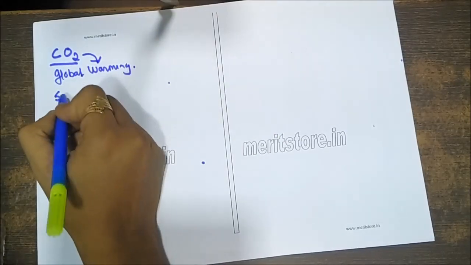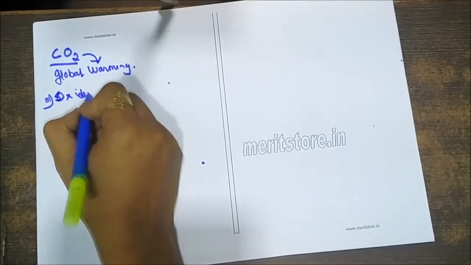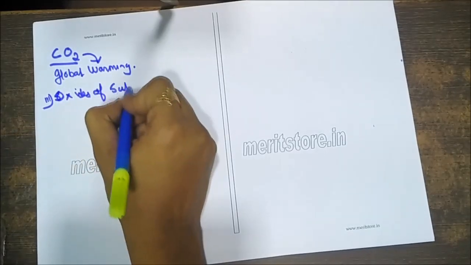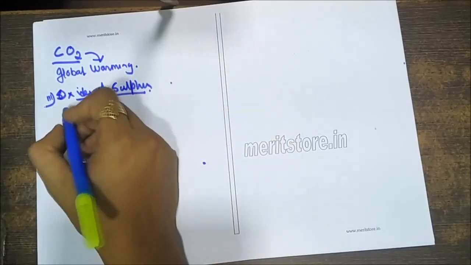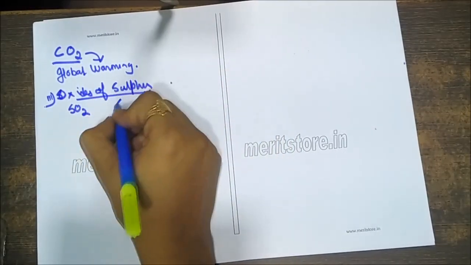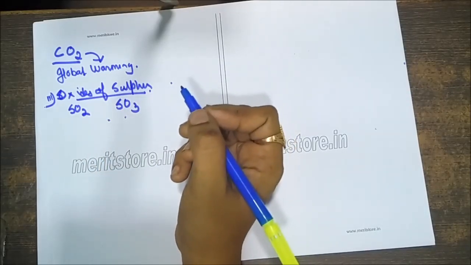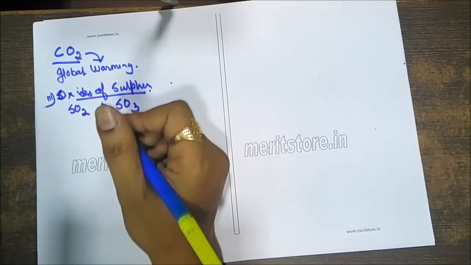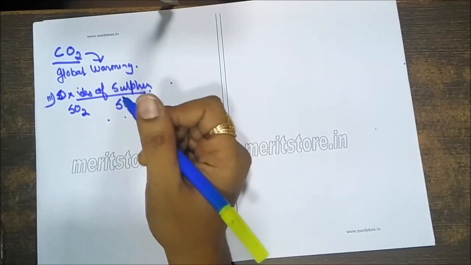The third oxides that we're going to study is oxides of sulfur. Now there are two oxides of sulfur which are going to cause environmental pollution, sulfur dioxide and sulfur trioxide. Carbon monoxide and carbon dioxide were colorless, odorless and non-irritating, right?